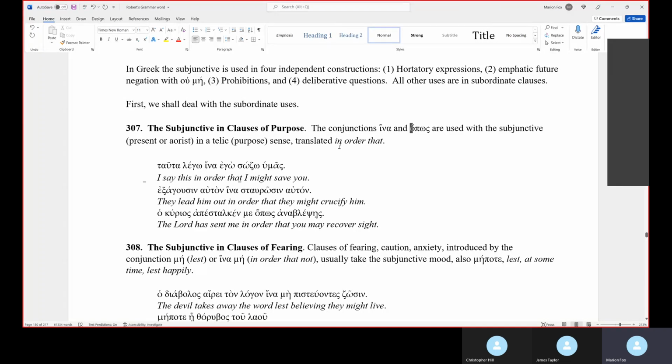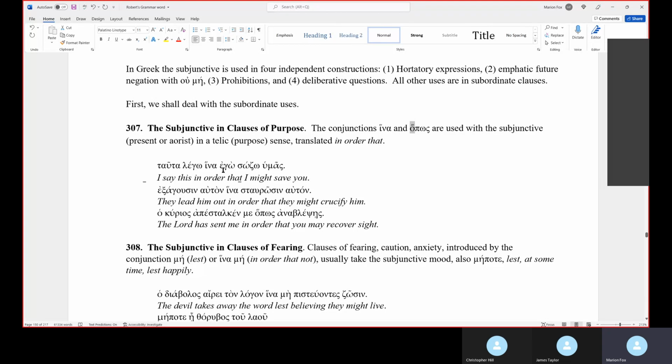And so they would be translated in order that. Now, hopos is the relative pronoun ho and pos. So you can look up these two words, and they were put together and made into a new word, hopos. So it's from two words, pos and then ho. Okay. All right.